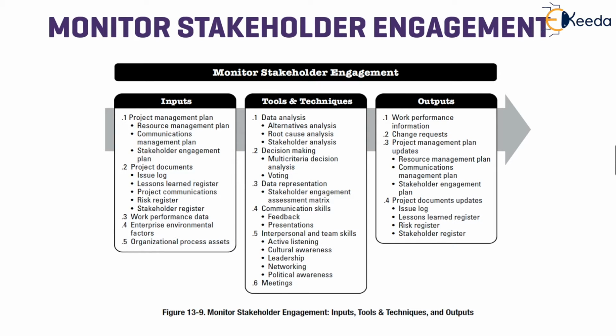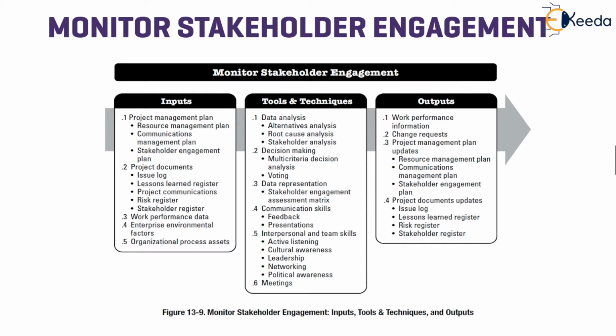The tools and techniques used here mainly are your communication skills in terms of giving feedback to the customers and the stakeholders by providing them presentations, supplying brochures, and informing them of your various plans and how the project will actually help them in the long run.